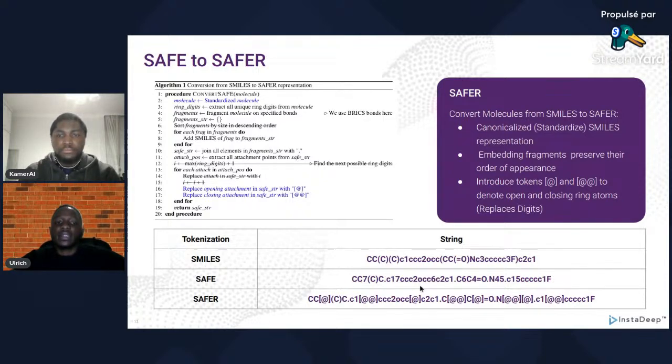So that was just to enforce a constraint in the fragmentation algorithm to avoid such fragments. Because if you have a fragment that has more than 2 attachment points, there's going to be an ambiguity on which one should connect to which one, and then you won't be able to reproduce the exact same molecule.